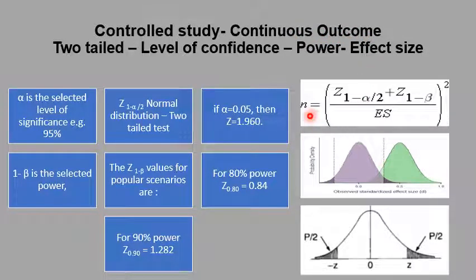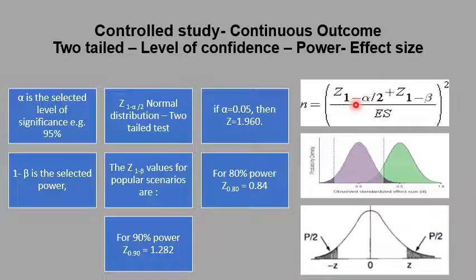The number required in each arm of the study for each group will depend on three entities. The first relates to how much you can tolerate a type 1 error, alpha. The second, how much you can tolerate a type 2 error, beta. And the third reflects the effect size, how much difference you would expect between the two groups in terms of their standard deviations.